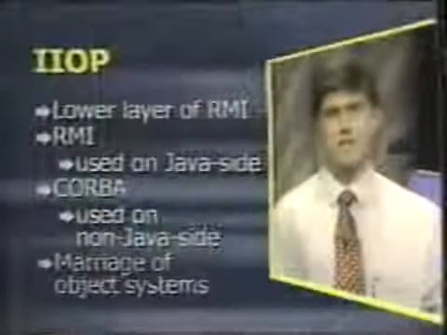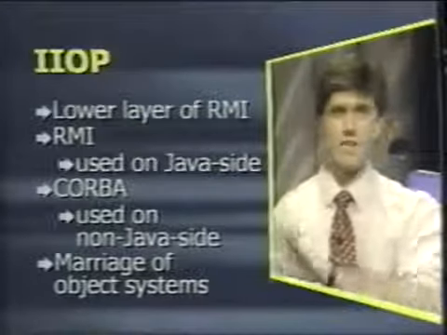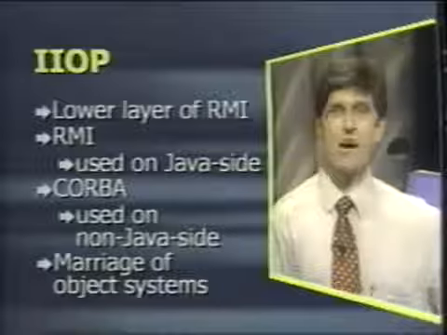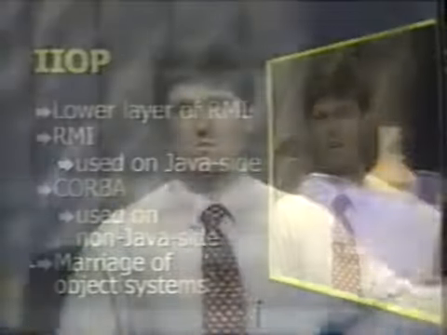So it's really a marriage between these two different object systems, the homogeneous and the heterogeneous, that ties this whole system together, allowing C++, C, Smalltalk, Scheme, whatever other applications to all nicely fit in together in a distributed application environment and coexist with Java.